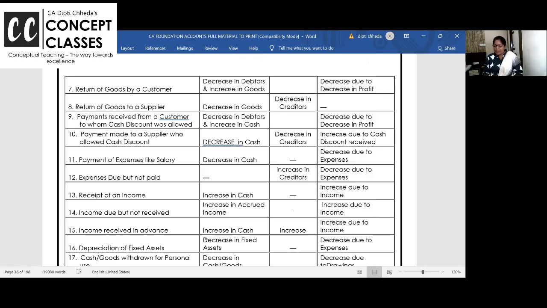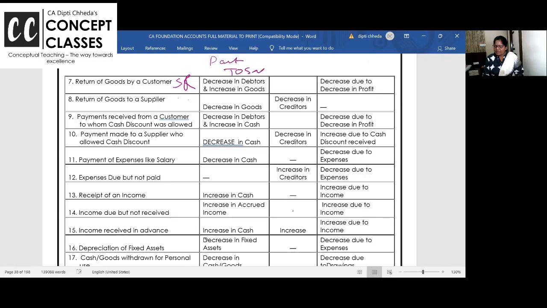Return of the goods by a customer. Customers are returning the goods, means what's the journal entry? Sales return. See, for making accounting equation, you should be very perfect in the journal entry. That's why I took journal entry first. So what's the journal entry for sales return? What's the entry for sales?